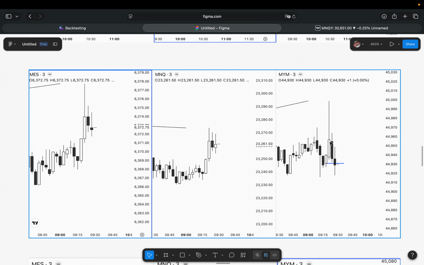So what we can see is a large manipulation up, taking these stops or this high here, and we form SMT where this 9:30 candle up takes some other liquidity, whilst Nasdaq doesn't.